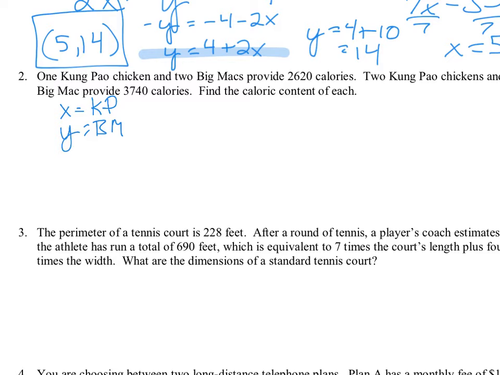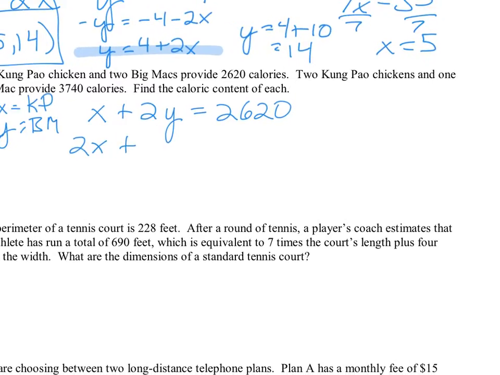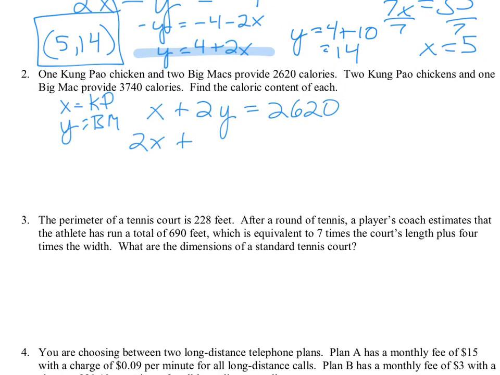So 1 Kung Pao chicken and 2 Big Macs are 2,620 calories. 2 Kung Pao chickens and 1 Big Mac is 3,740 calories. Find how many calories are in each.